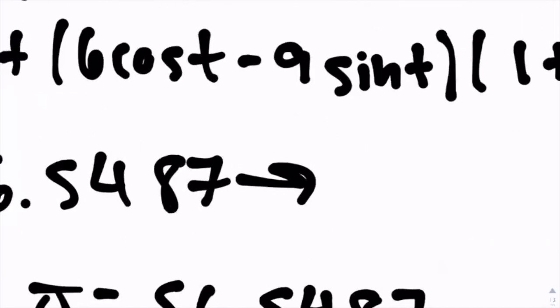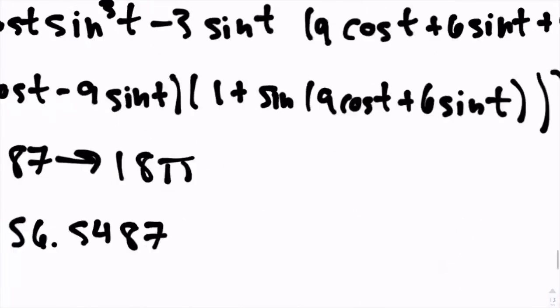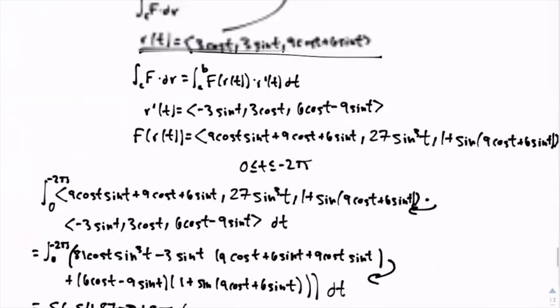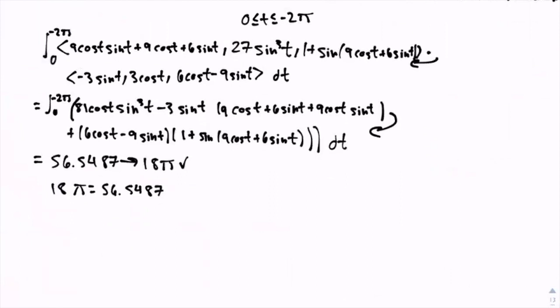So this we can say is equal to 18 pi as well. So in verifying our answer, we see that Stokes' theorem does verify, and we do get the correct answer. So now let's move on to our next topic.